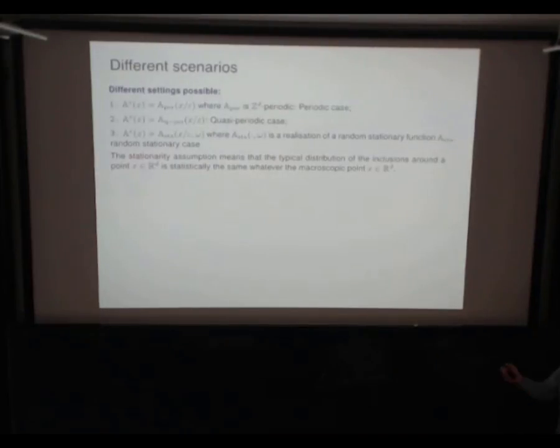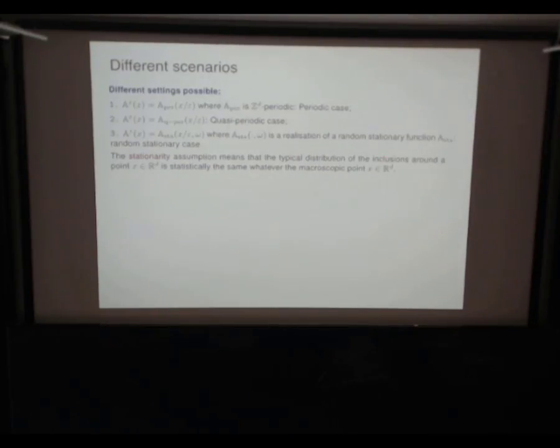Good. So there are different settings possible. I'm not an expert, so I'm going to be quick on that. I leave that for others. So you can assume that A epsilon is periodic, or quasi-periodic with small scale parameter epsilon, or where A epsilon of x is a realization of a random stationary function.